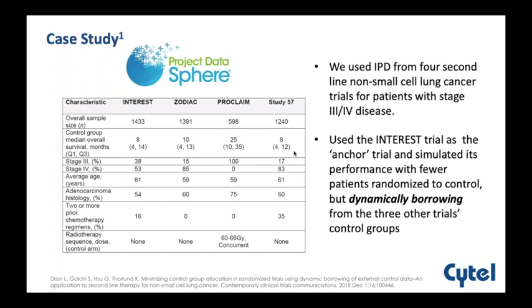And so what we did here is that we took a number of clinical trials, 4 clinical trials to be more specific, that looked at treatments for stage 3 and 4 non-small cell lung cancer.